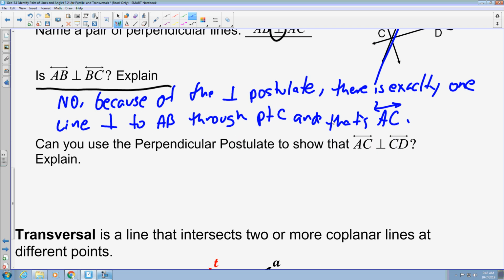The question they ask here is, can you use the perpendicular postulate theorem to show that AC is perpendicular to CD?